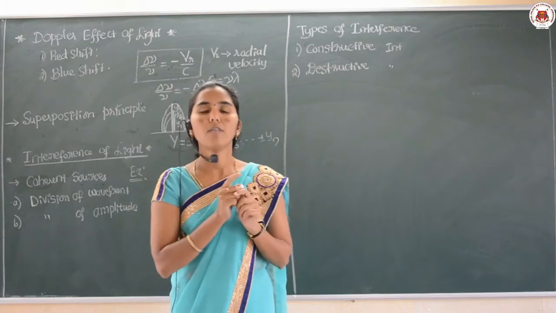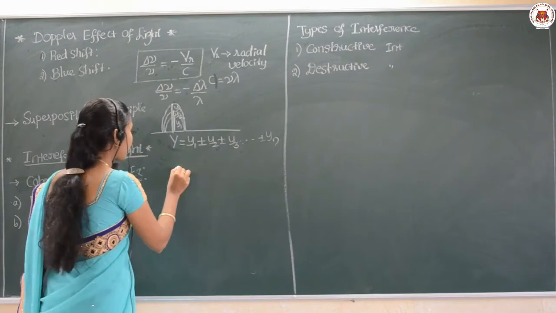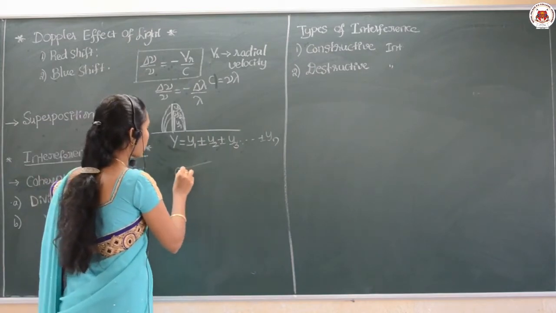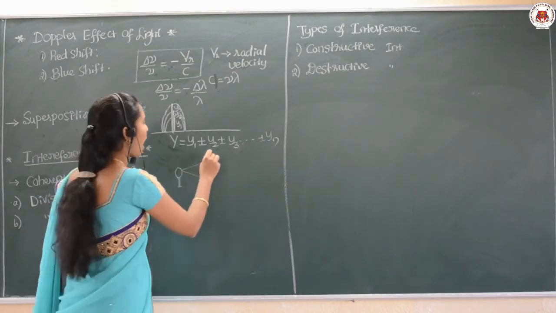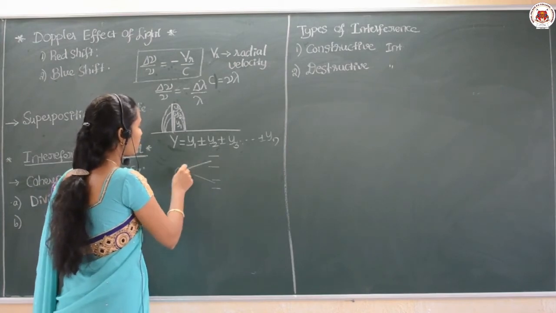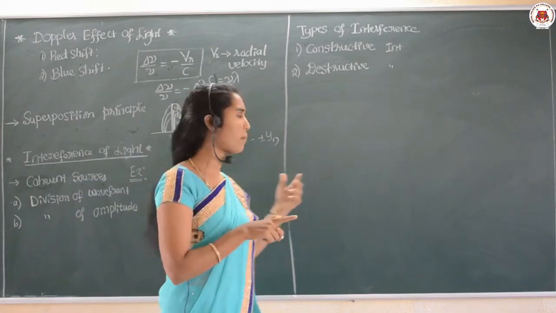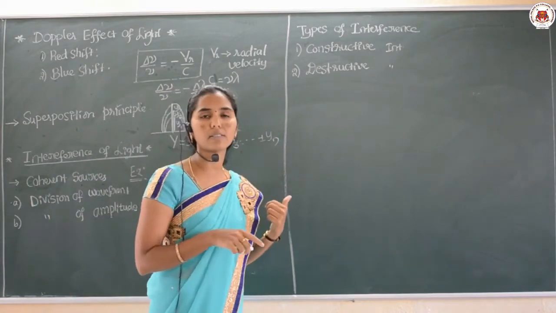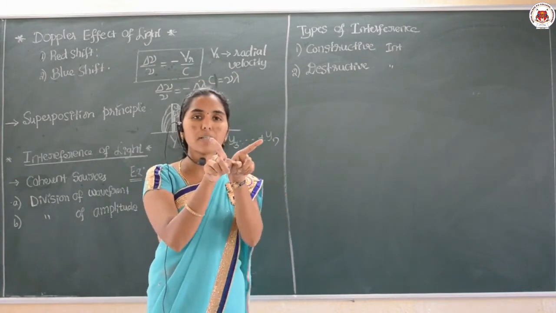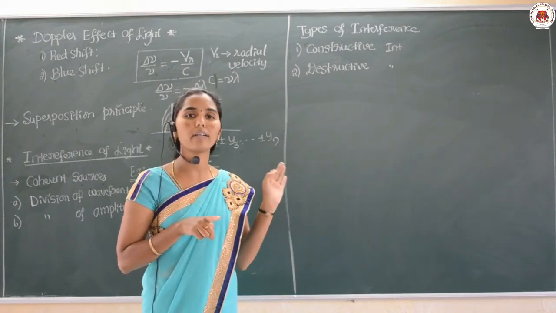For example, if the source is the bulb, from the bulb one wave comes here, and one wave here, and when you take that wave and split the light wave into two, different divisions are there. I will explain you. A single light wave that splits into two from the same source can act like a coherent source.